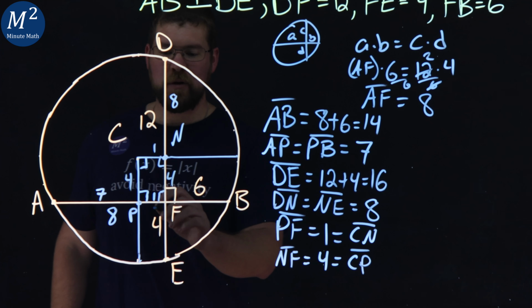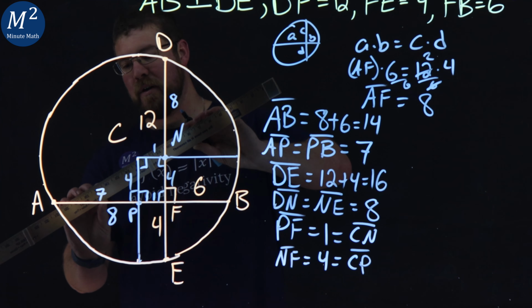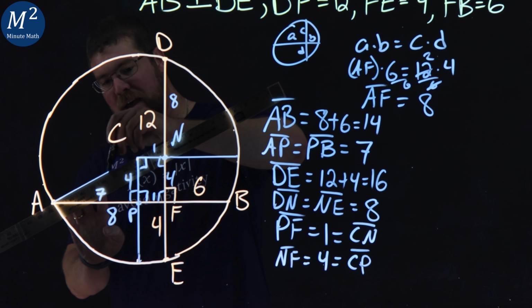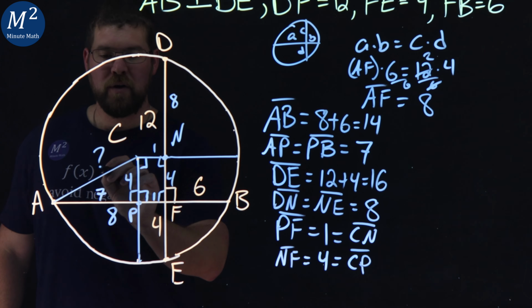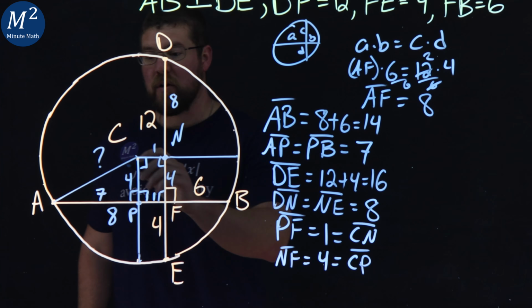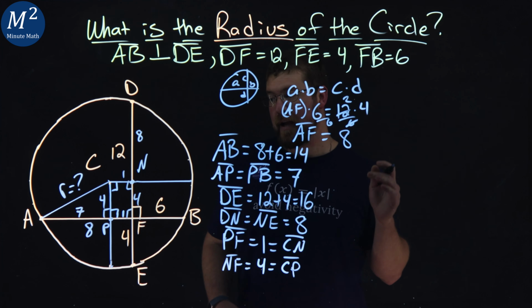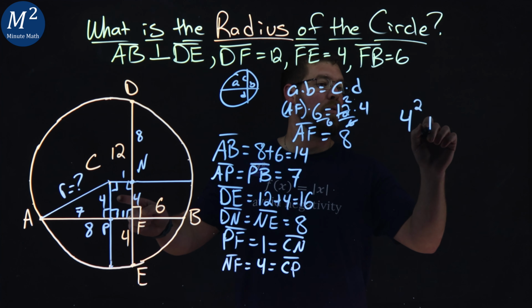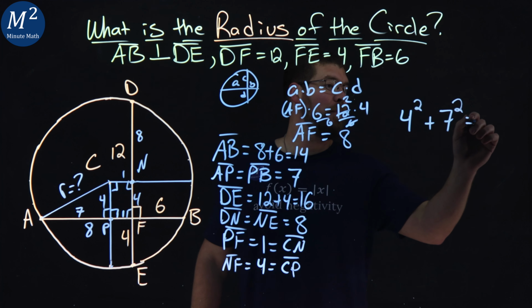And hopefully now you can see we have a right angle right here. We're going to be using the good old Pythagorean theorem. We make a little radius right here, connecting A to point C, and that is our hypotenuse. We want to figure out what that is. That's our R, our radius. So we can apply the Pythagorean theorem here. We have 4 squared, the first leg, plus the second leg squared, 7 squared, is equal to the radius or hypotenuse squared.